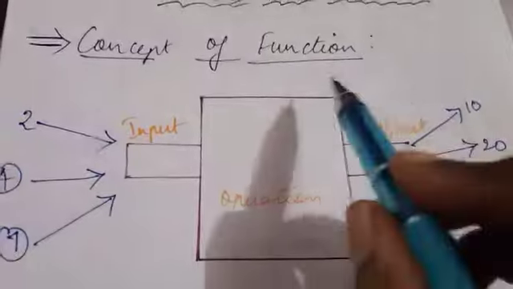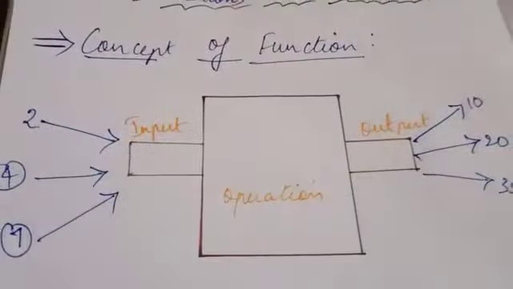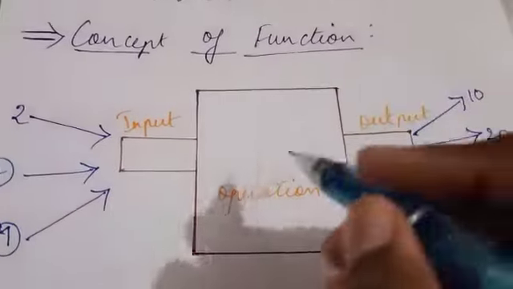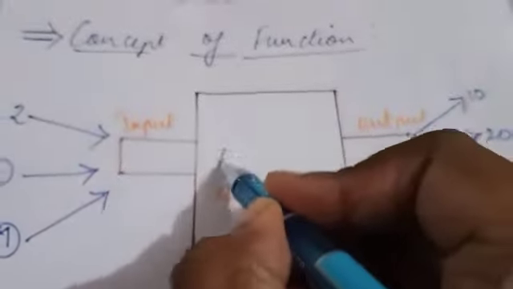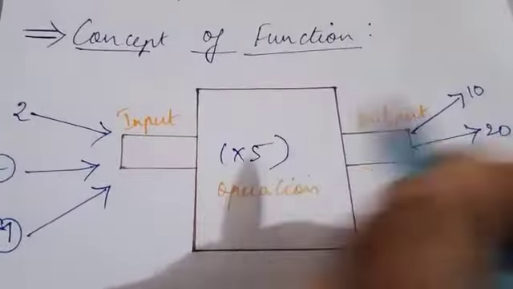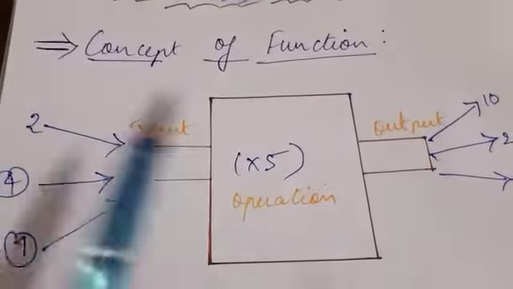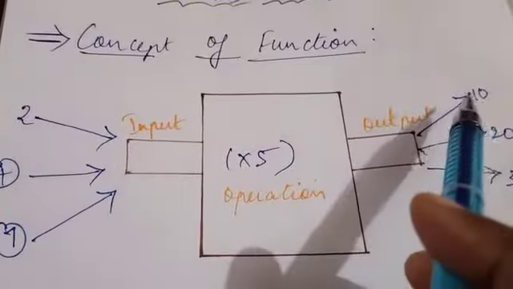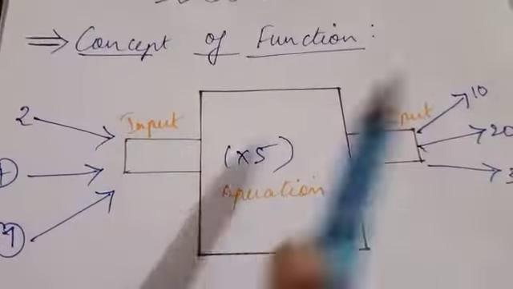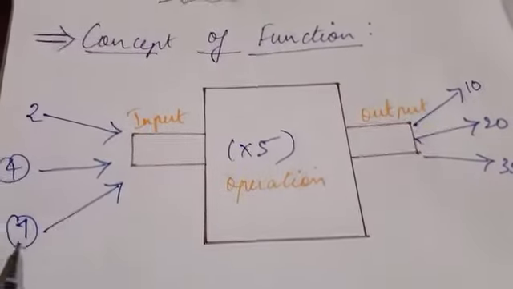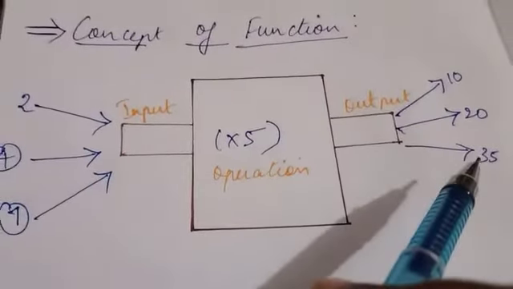So what is this box doing with the inputs? Probably you would have guessed it. It is just multiplying the inputs by 5. That is, 2 times 5 is 10, 4 into 5 is 20, 7 into 5 is 35.